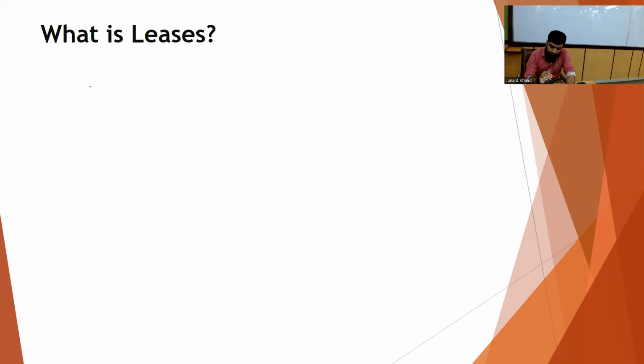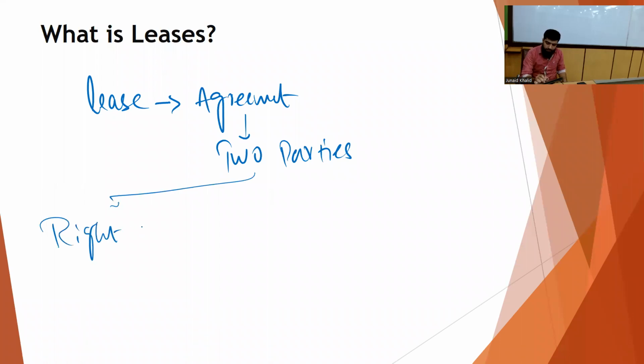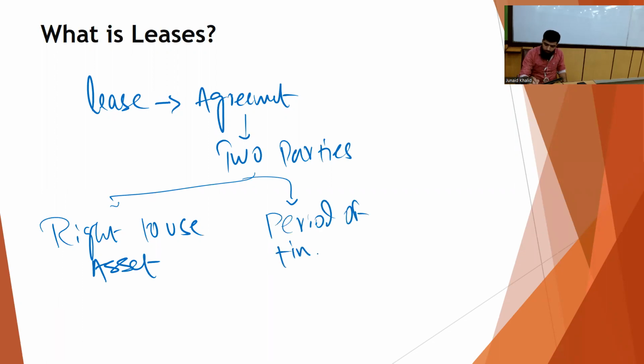A lease is basically an agreement between two parties, in which one party gives the right to use an asset over a period of time, against some consideration.